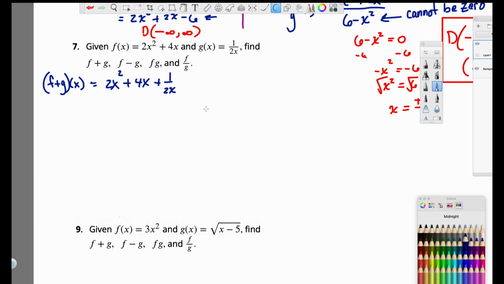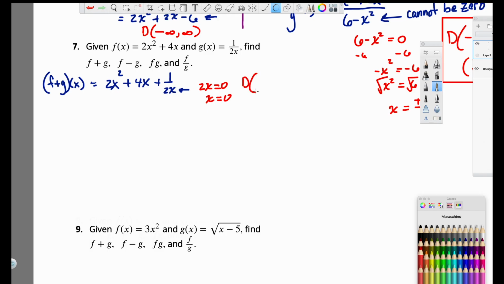I think I'm going to leave it like this, but what do we notice right here in this denominator? There's an x. So what value of x makes this 0? We could just set this equal to 0 right here and then solve. 0 does not work for this function. Okay, it gives us a divide by 0 scenario.